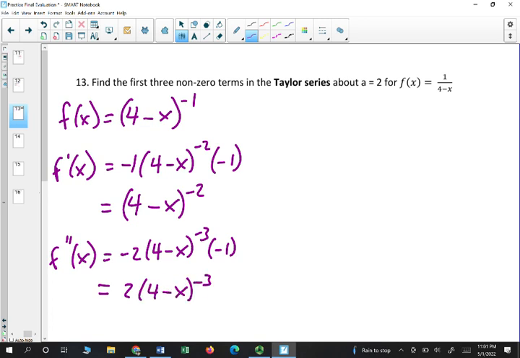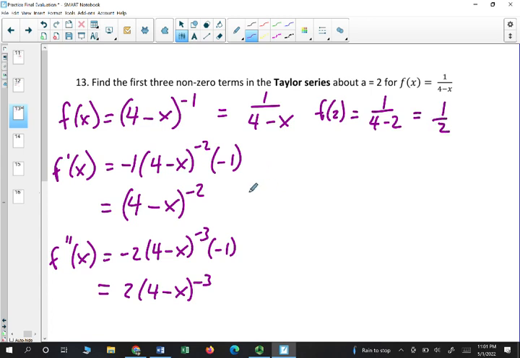So all we're doing is setting up our functions so that we get our coefficients in our Taylor series. Okay, so this is the same as 1 over 4 minus x. So now it's about a equals 2, so f of 2 would be 1 over 4 minus 2, so 1 over 2.